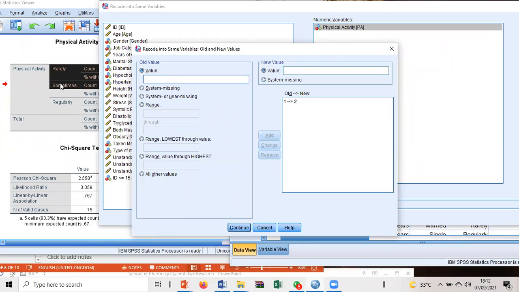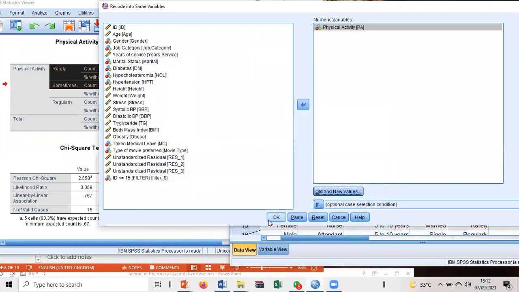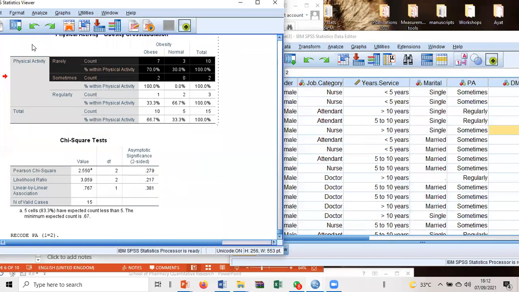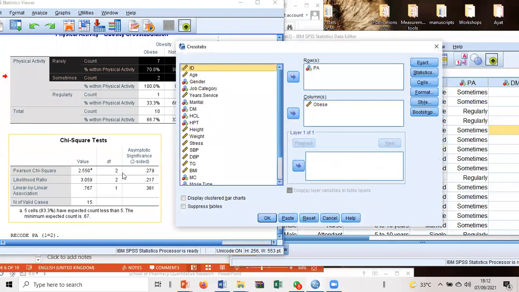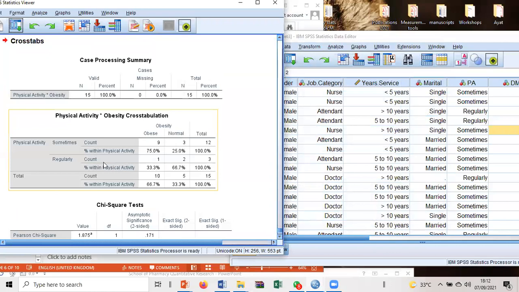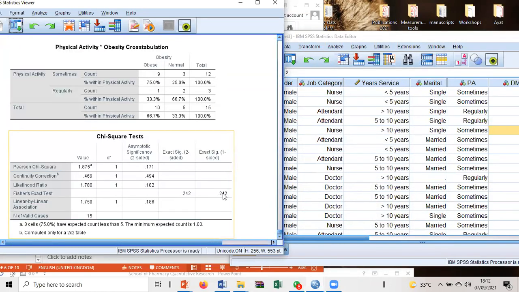I'm collapsing these two together. All right. I repeat the analysis. Has it become 2 by 2? Yes. 2 by 2, we have this value, right? Okay. This value is 36. This is not. So when small sample, try to bring down to 2 by 2.